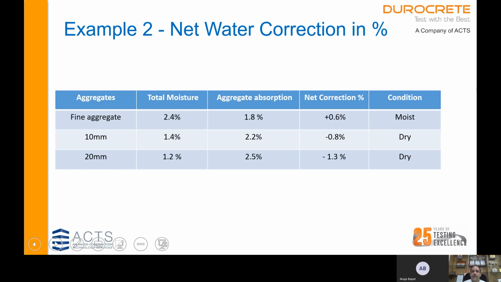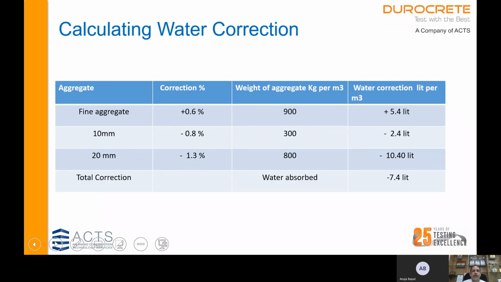So when we calculate the water correction, in case of fine aggregates, it is plus 0.6% into its own weight of 900 kgs, which is equal to 5.4 liters excess water being added. And 10 mm, it is minus 0.8%, 0.8% of 300 kgs, so it will absorb 2.4 liters.